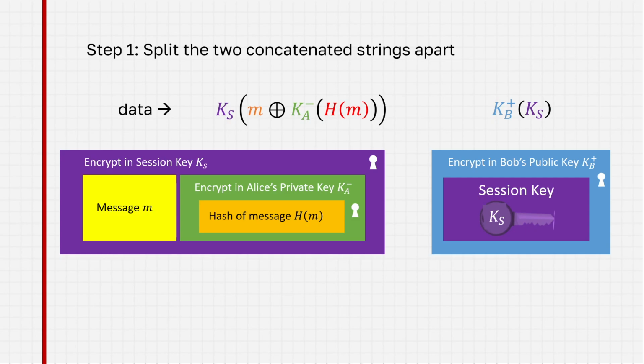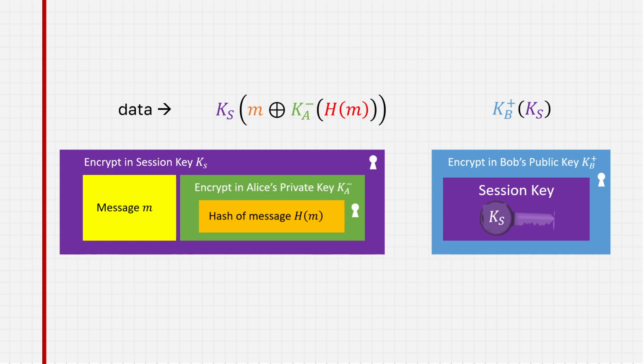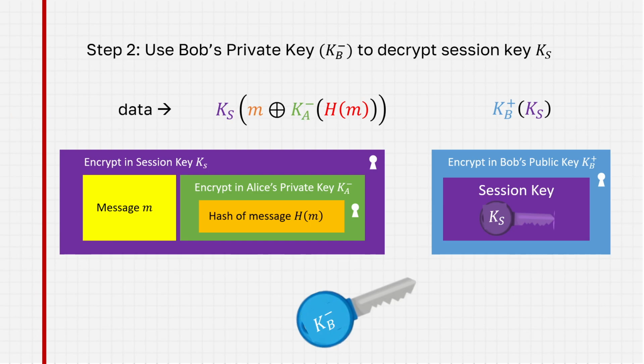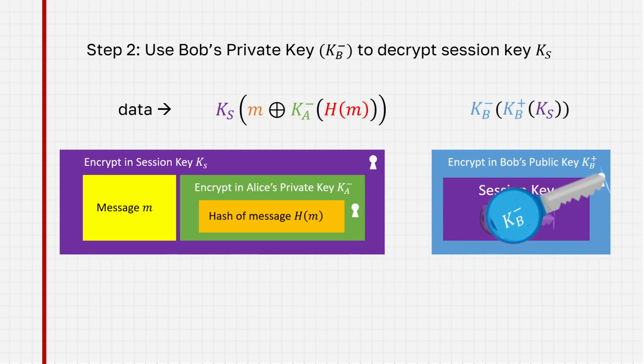What do we do next? Take the session key. How do we take the session key? Unlock using Bob's private key. Exactly. So this part, Bob already knows his private key, right? So Bob is able to check this. Someone else will not be able to open this. So next step is we want to get the session key. We use Bob's private key. You open this, we decrypt, right?